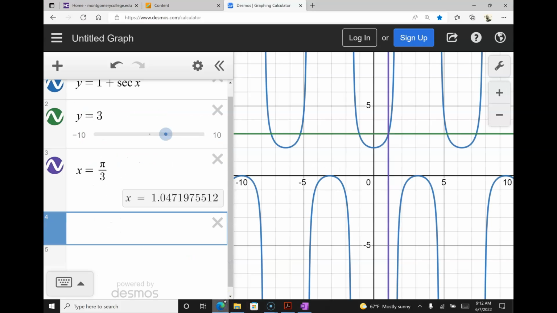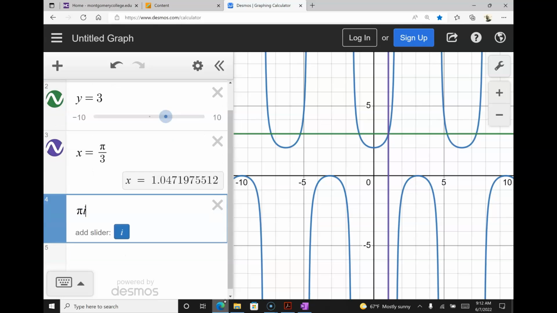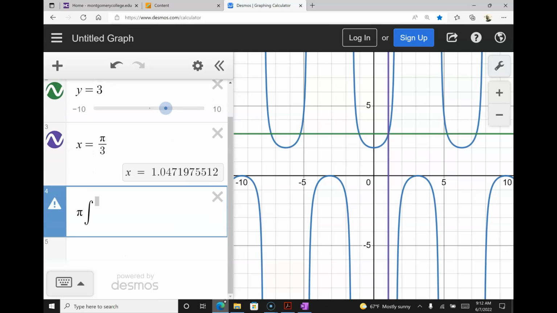So Desmos, I got pi times the integral of negative square root of 3, I'm sorry, minus pi over 3, right?